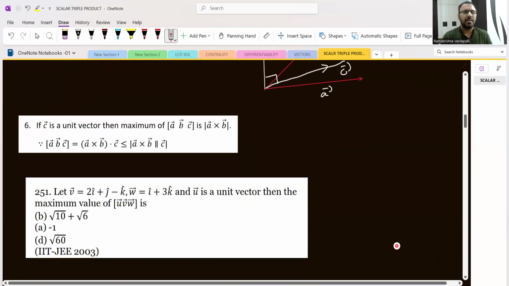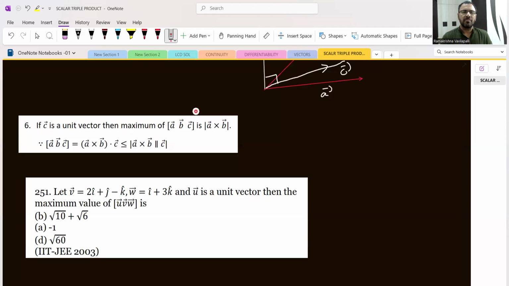Well, if C bar is a unit vector, then what is the maximum of box ABC? If C bar is a unit vector, then the maximum of box ABC is the modulus of the cross product of the remaining vectors.